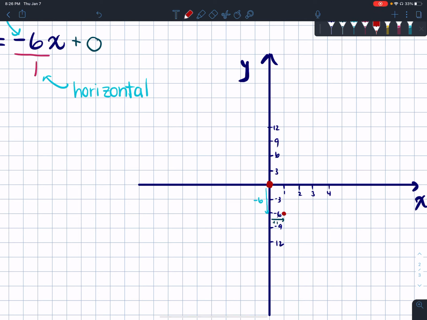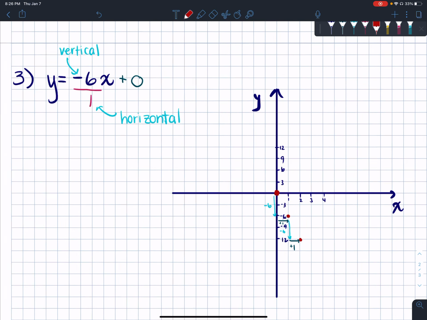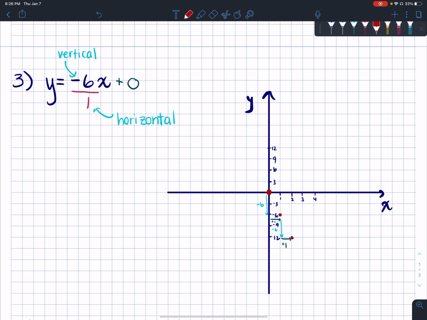It's going to go right in here. Then we're going down by 6 again and across by 1 again. So that's those 2 extra points. And at this point you can join those 3 dots and then extend your line.